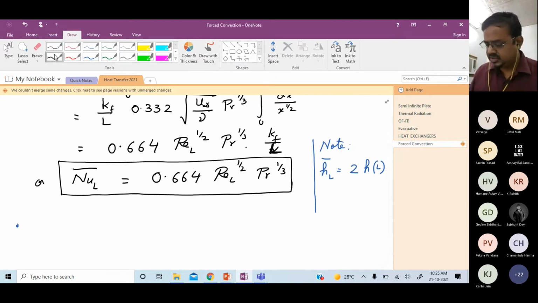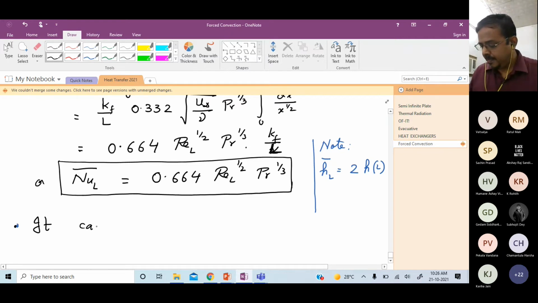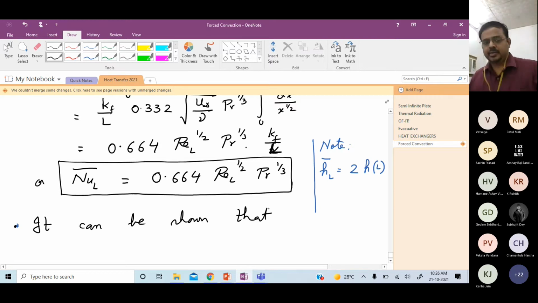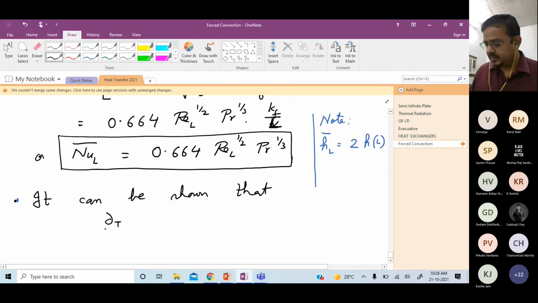Next one, and this you have to again trust me. It can be shown that, this is important, friends, delta T over delta scales as Prandtl to the power 1/3.